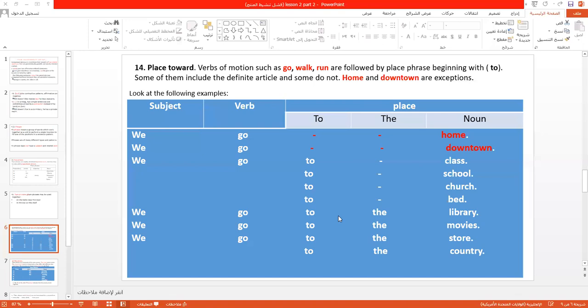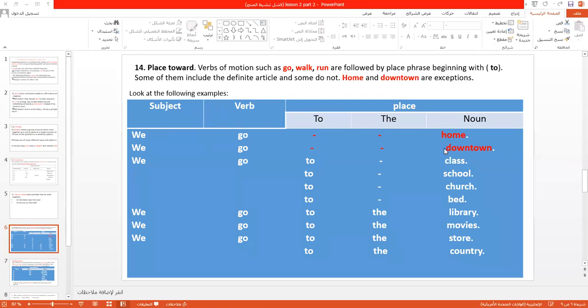Okay, so please, some of the place phrases that come after go or walk or run, some of them are preceded by to plus the, some of them have only to, and some of them don't have to or the, like home and downtown.